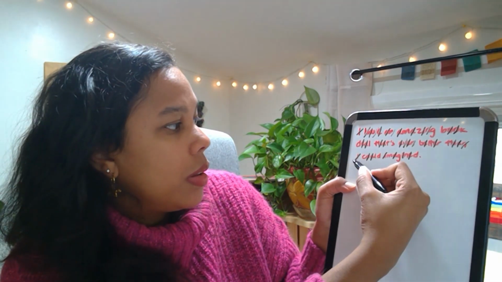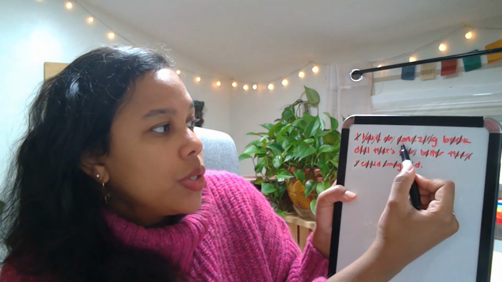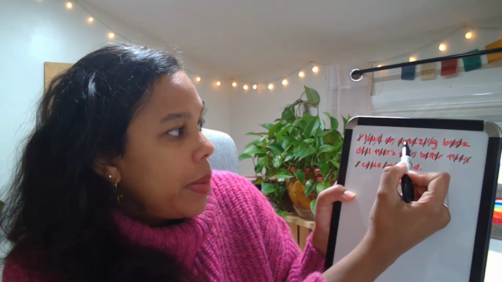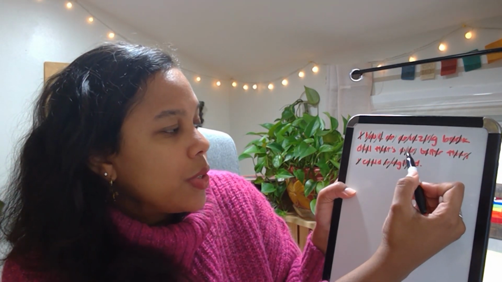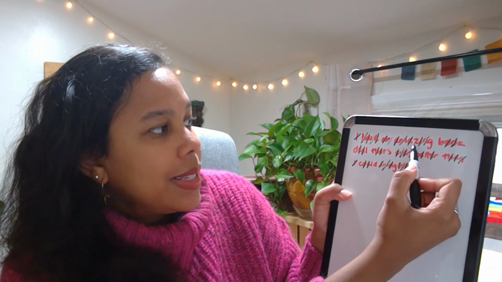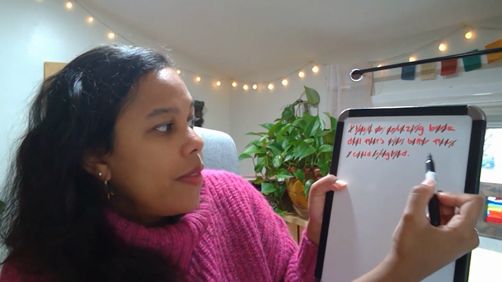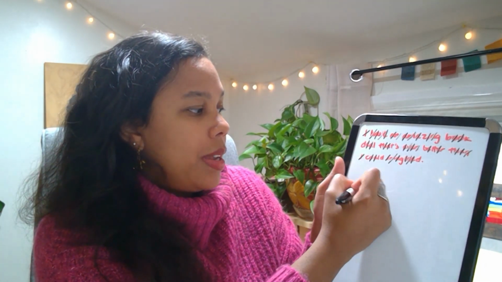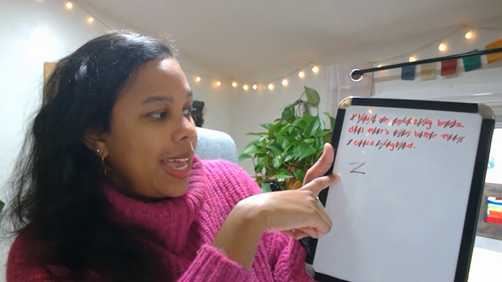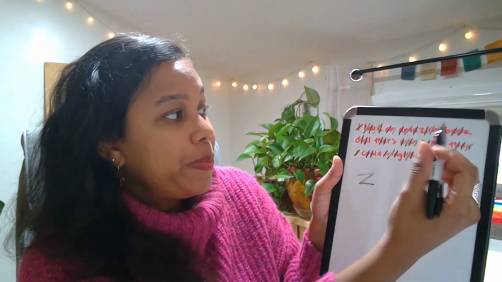Okay, the next letter is the letter M. So M, do I have any more M's? Yep, I do have 2 M's, so I'm gonna cross them out. So I'm looking for duplicates. And then the next letter is the letter Z. I don't have any more Z's, so I'm gonna write the letter Z under, and now I know that Z is one of the letters that I'm gonna use for creating the symbol.